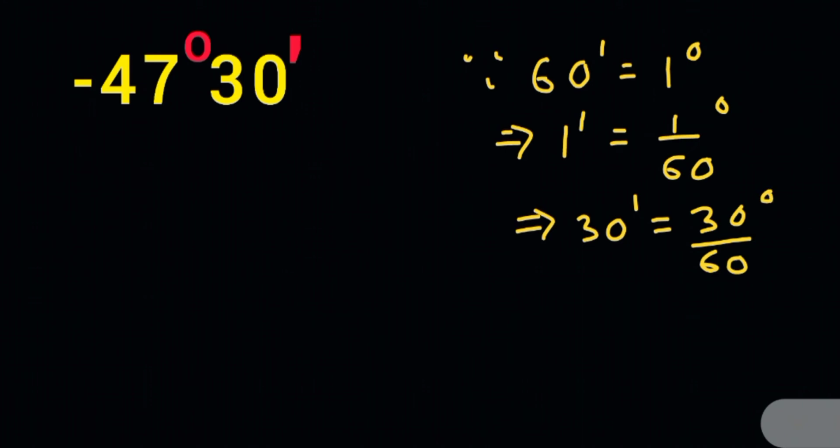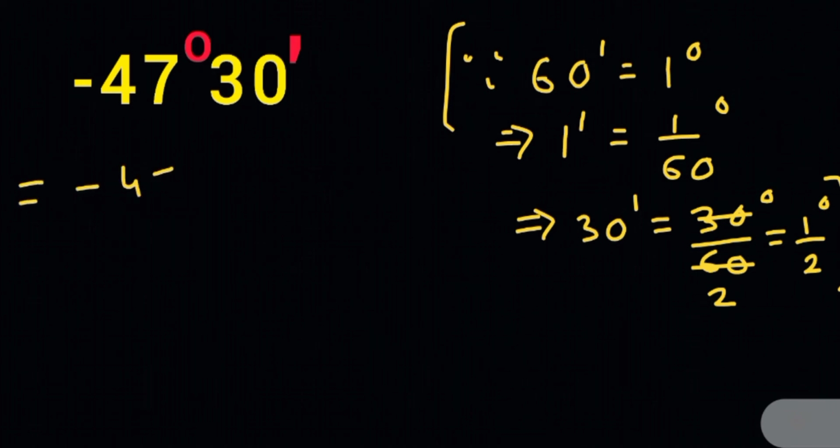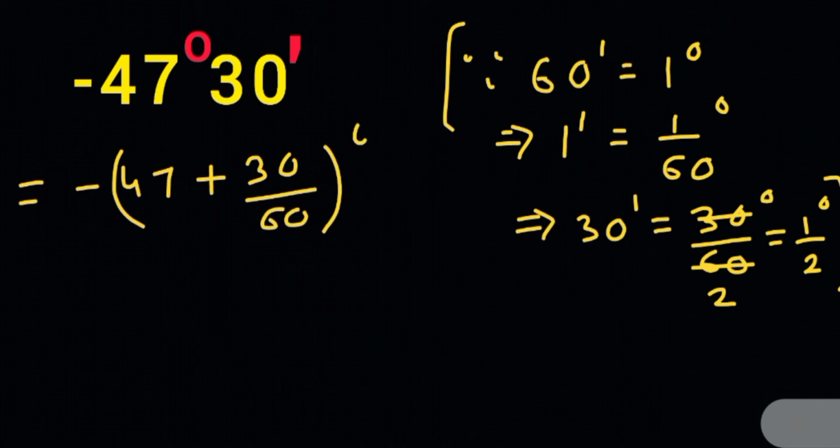So this will be 1 upon 2 degree. We'll use this here. So minus 47 plus 30 upon 60, and this minute got converted into degree.